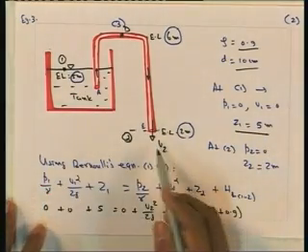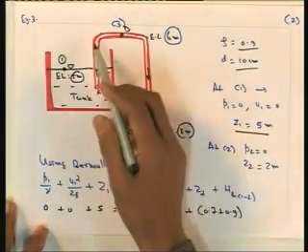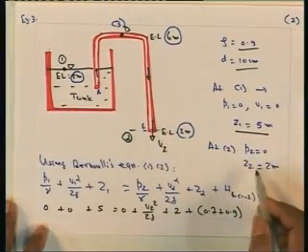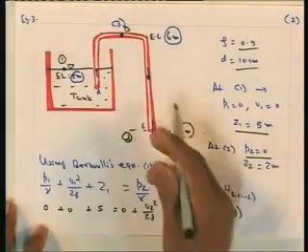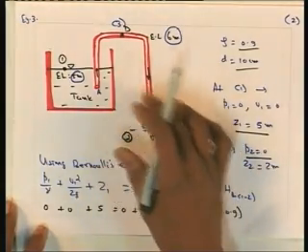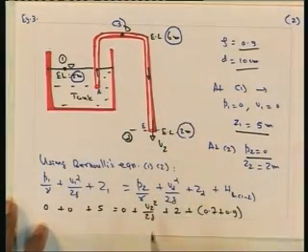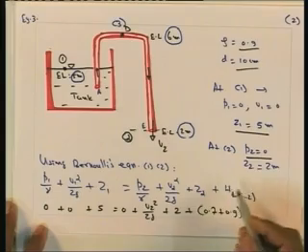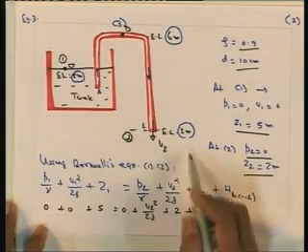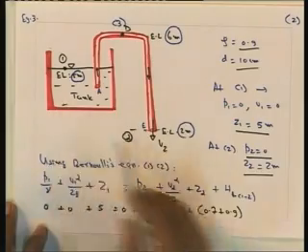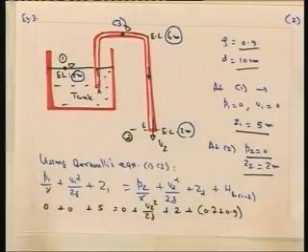At section 2, the outlet of the siphon, the pressure P2 is equal to 0, so that it is freely flowing to the atmosphere. The elevation head is given as 2 meters. Initially we will apply the Bernoulli's equation between section 1 and 2.